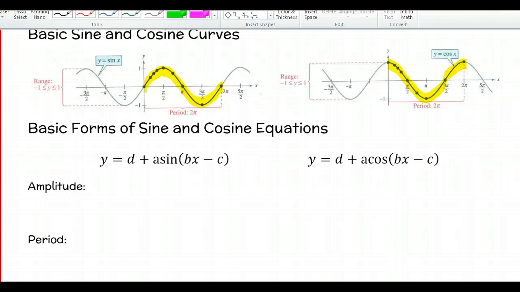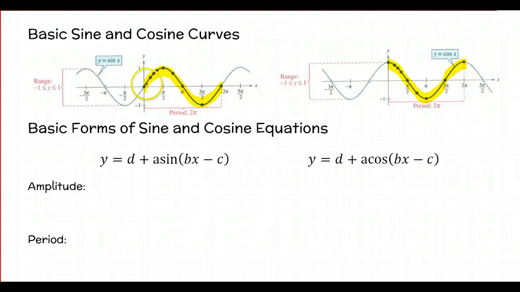And then just to point out some other important points, I've got an intercept here, an intercept at pi, and an intercept at 2 pi. And then I've got a maximum value up here at pi over 2, a minimum value here at 3 pi over 2. If you think about these 5 spots in relation to the unit circle, the sine really is the y-coordinate as we go around the unit circle.